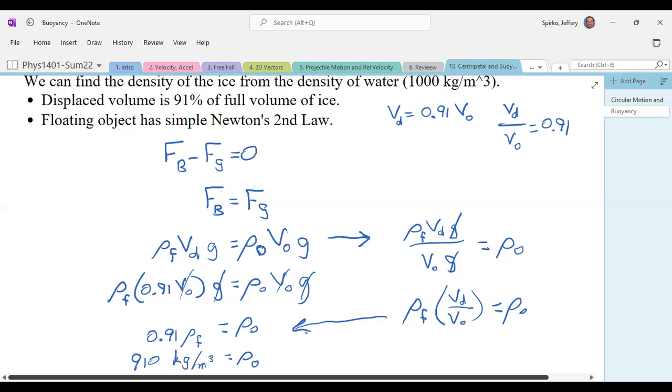Yeah? So the fluid density is 1,000. Oh, that's right. So I just plugged in my 1,000 here and got that with units. Now, if your fluid is different, then you plug in a different fluid there.